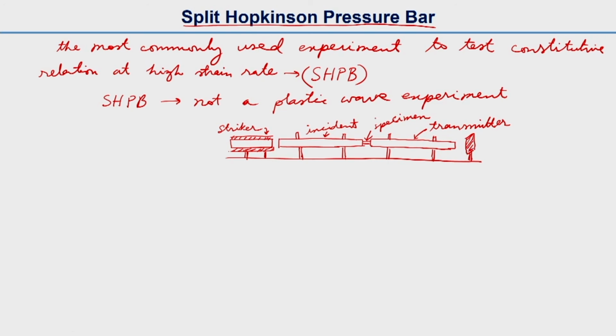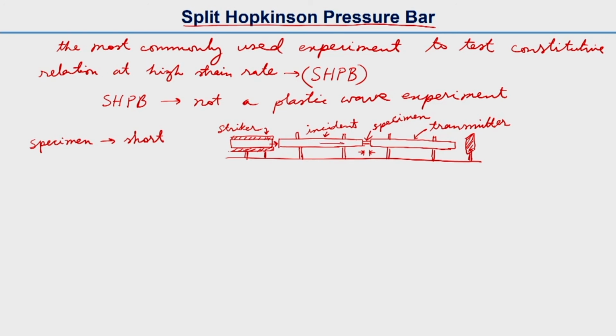Now the specimen is very short. If you see the length of the specimen, it is very small. You can understand from the figure that the striker will be accelerated by a compressed gas, and then it will hit the incident bar.